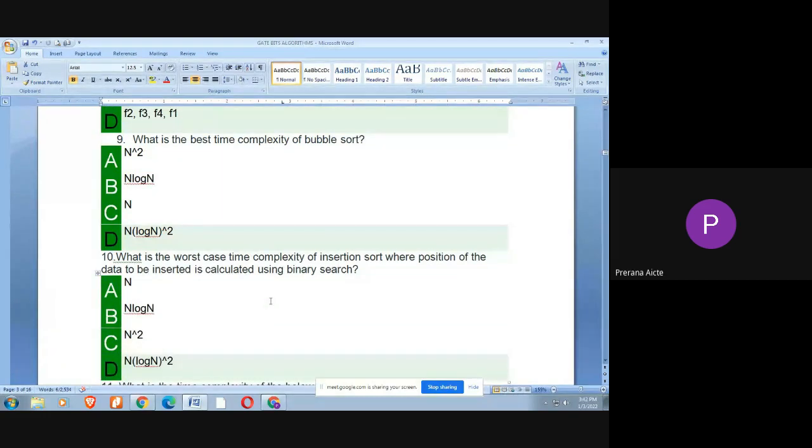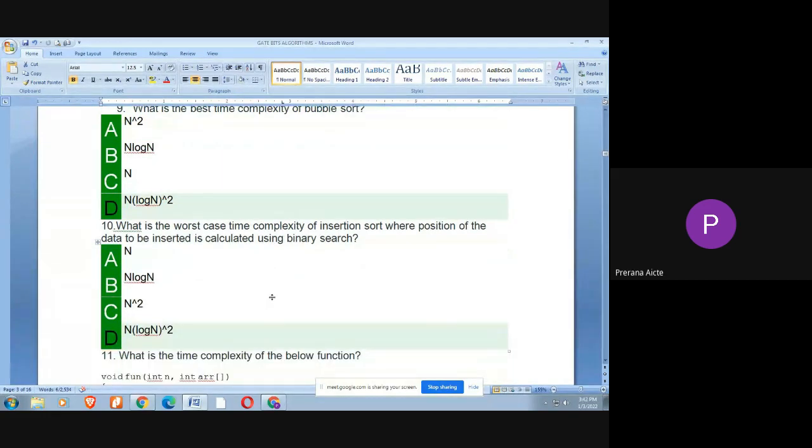Now, what is the worst case time complexity of insertion sort, where the position of the data to be inserted is calculated using binary search? So the worst case time complexity of insertion sort, and we are going to place the element to be inserted using binary search.